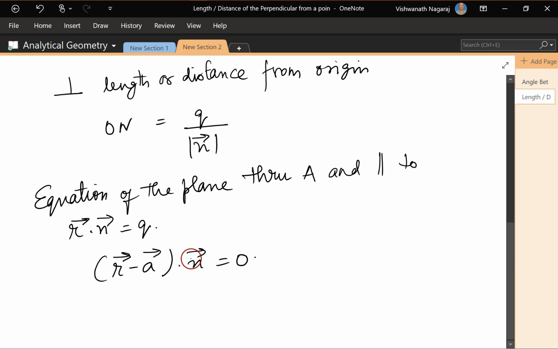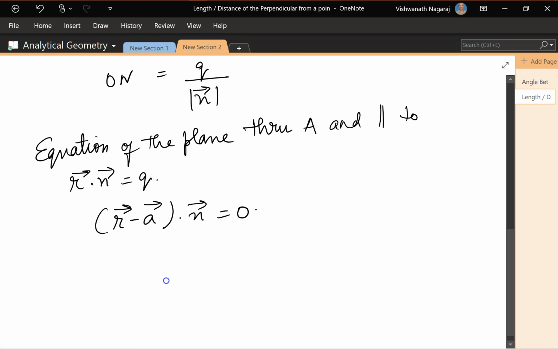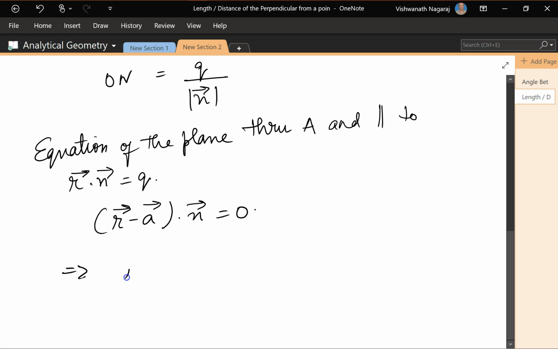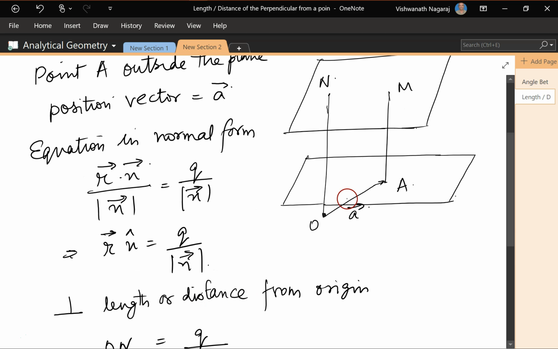If you don't remember, please go through the previous videos. Now this implies, opening the brackets, R dot n minus A dot n equal to 0, which means R dot n equal to A dot n. So we have a plane now.